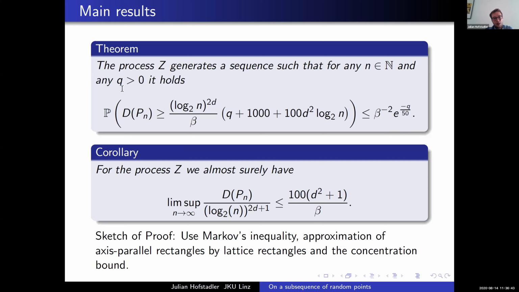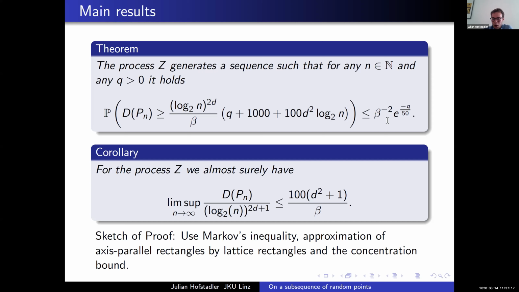The constant Q is free to choose, and it's pretty easy to see that if we increase Q, then the right-hand side here decreases very fast. And so clearly, if we have a look at the probability of the discrepancy being small, we can bound it away from 0 and everything is fine. And in fact, this holds for any n.